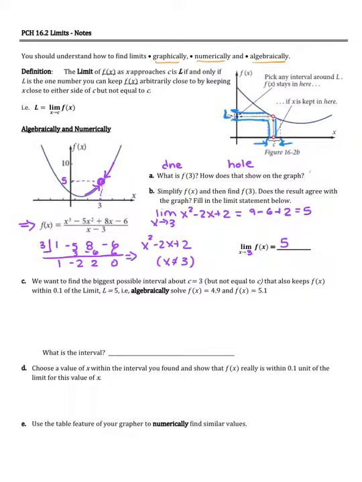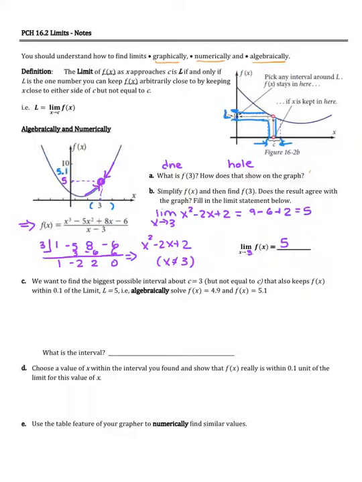Okay. Now, what we want to do is control the interval around 5. So we want to find the biggest possible interval about c equals 3, so around this input, so that we keep our f of x within 0.1. So here's the error that we're trying to control.